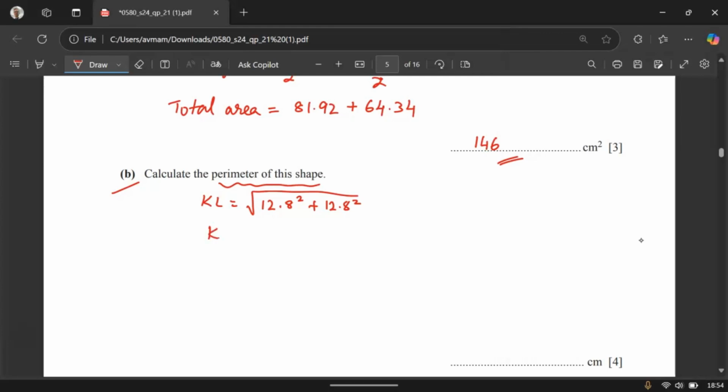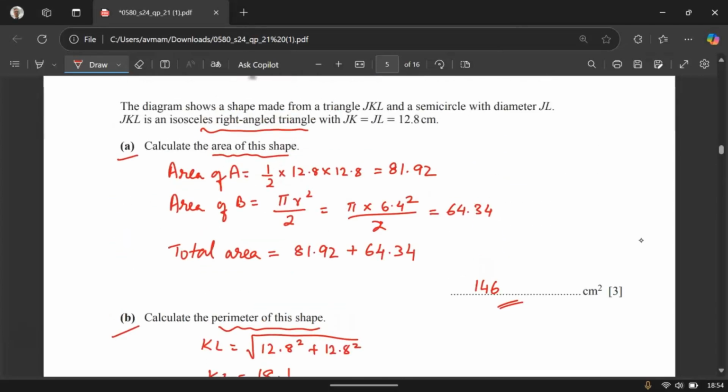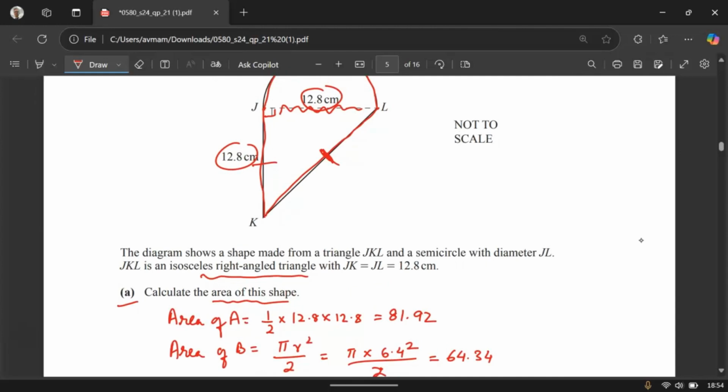So let me write KL equal to 18.1. Let's go back to the diagram. Here we found KL is 18.1 centimeters.